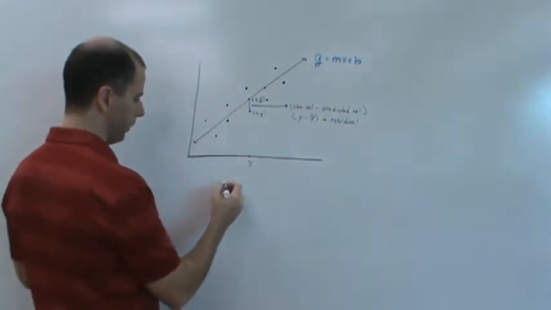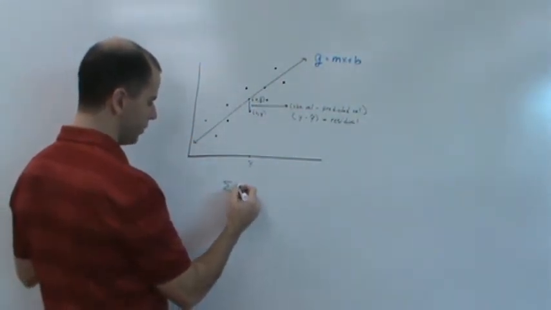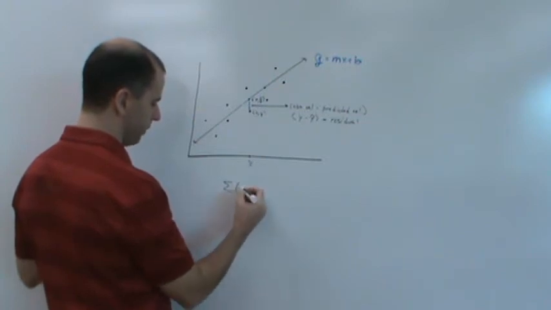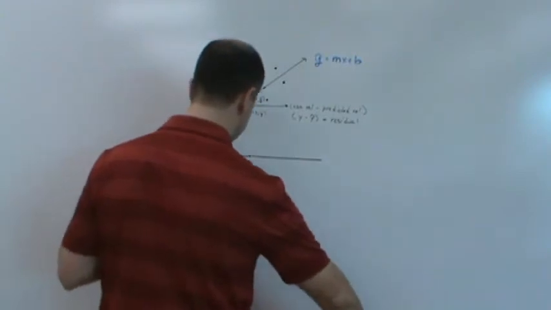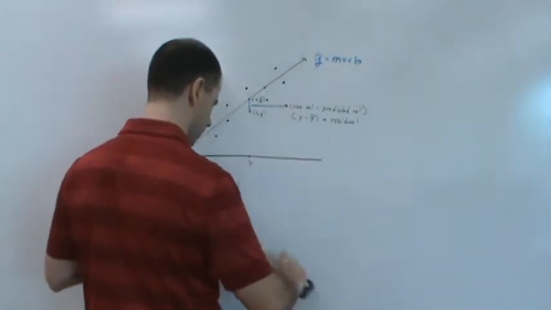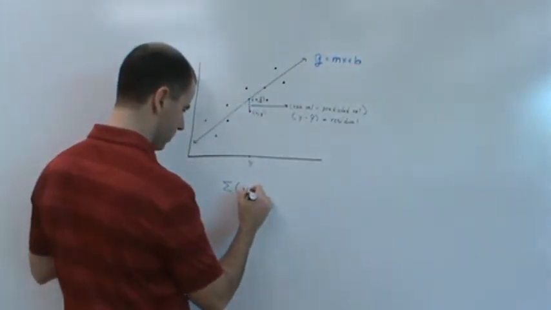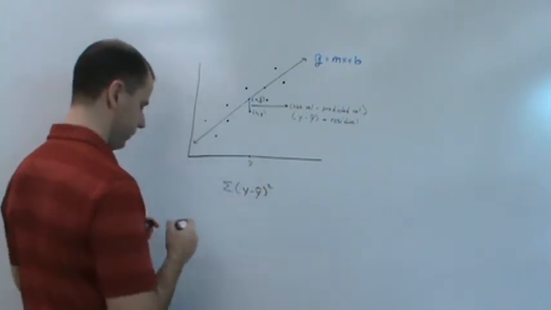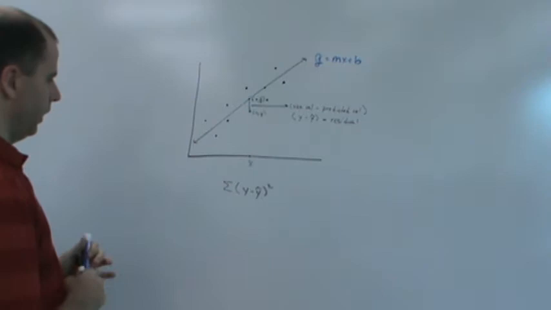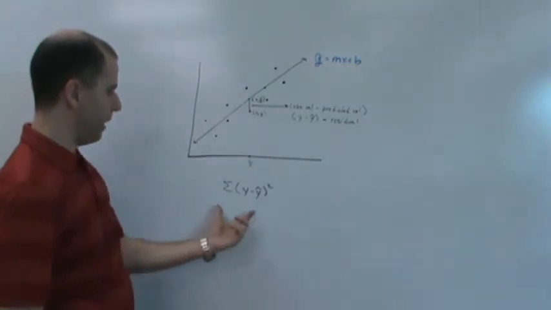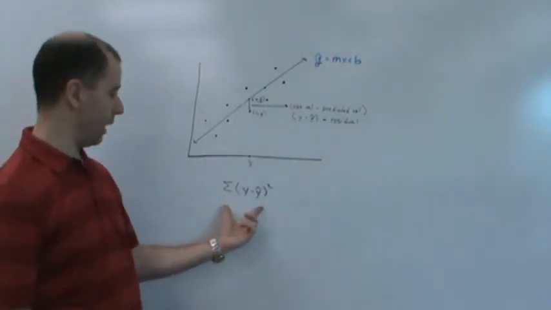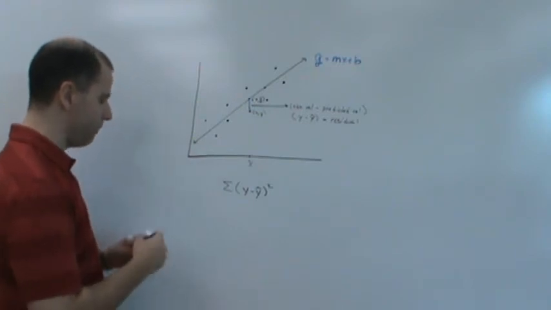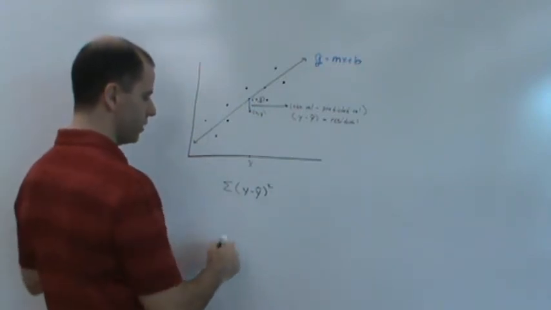So I'm going to take the sum of all the squared residuals, y minus y hat, squared. Basically, I want this sum to be minimized.